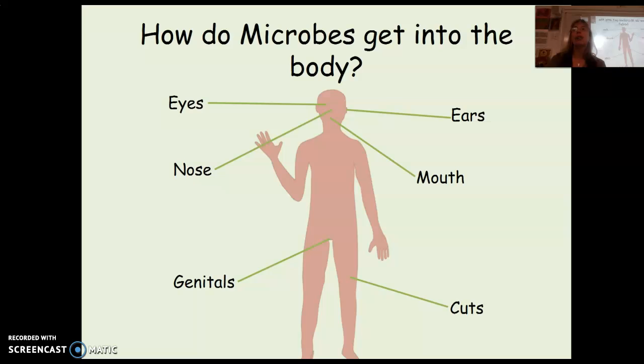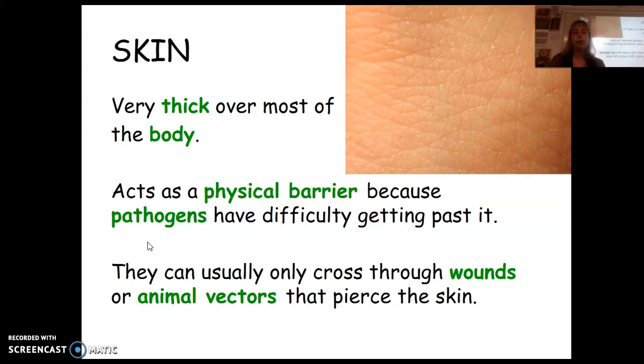And we know from the range of STIs that our genitals are another place where pathogens can enter our bodies. So what we're going to do is you are going to label the skin, and we're going to make some notes about the skin and how it protects our body.